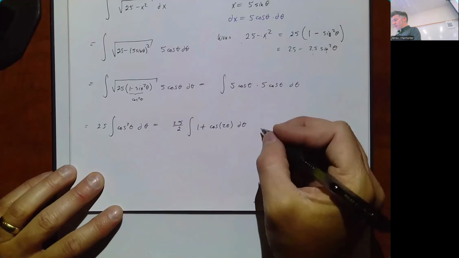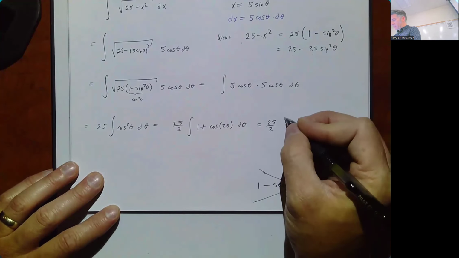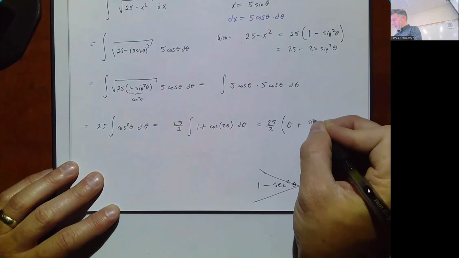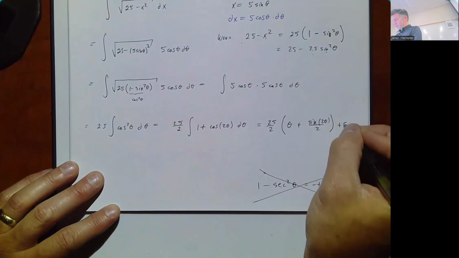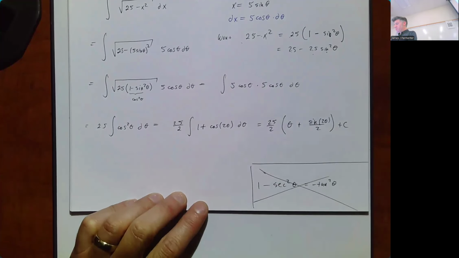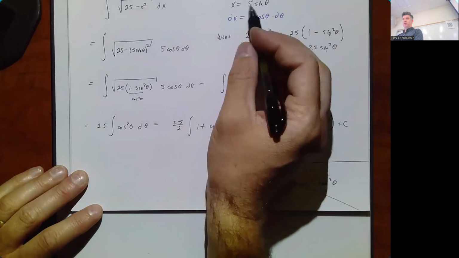The reason I really want to talk about this one is because of what happens next. When we integrate this, we get theta plus sine of 2 theta divided by 2, plus C. And now we have to go back to x. What's theta equal to? Well, let's go back and look at our substitution.